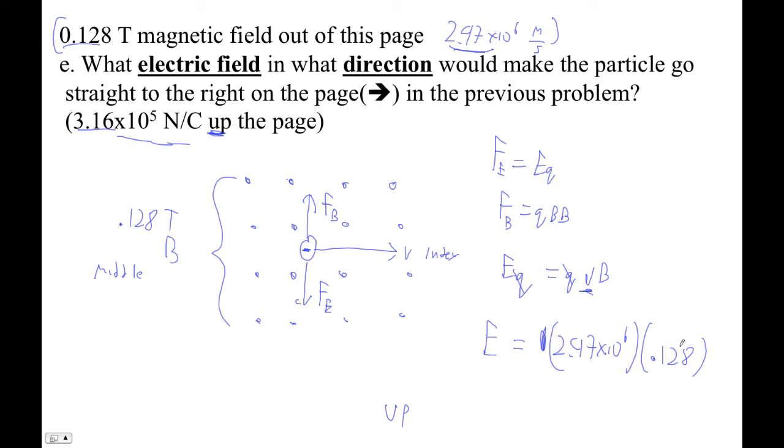It's 316160. All right, so that is 3.16 times 10 to the 5 newtons per coulomb. Alrighty. Hope that helps.